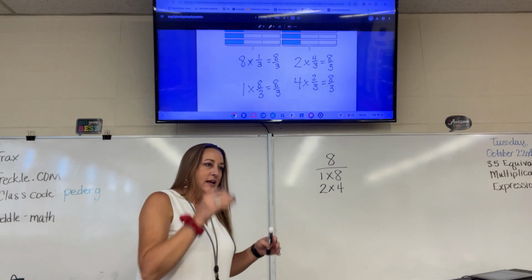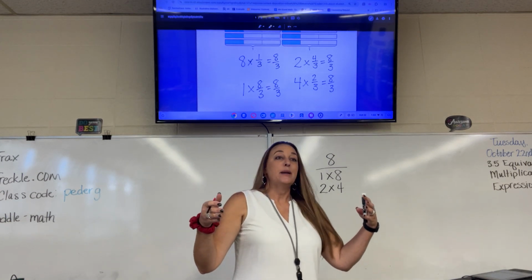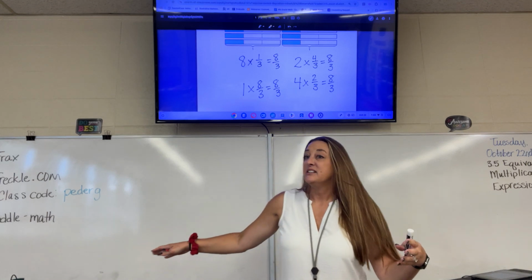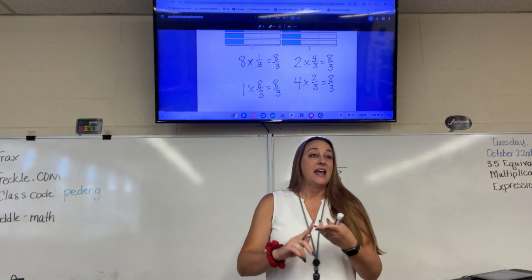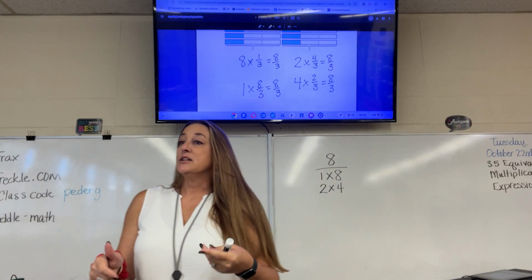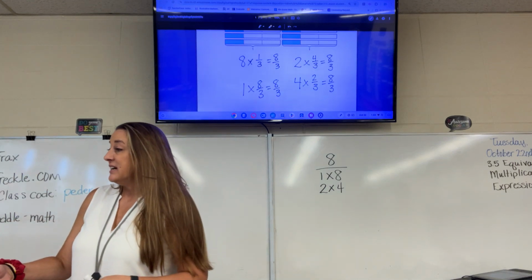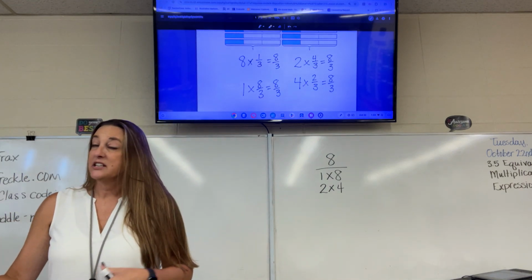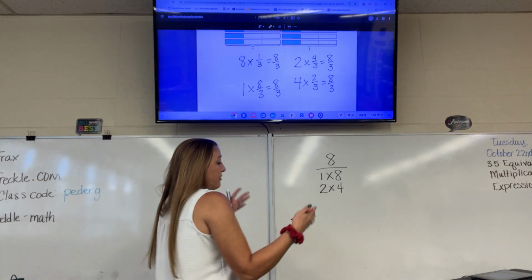Once you figure out your denominator is thirds, that denominator stays the same on every expression and every value. Because Emma, does that make sense? Once you figure out it's thirds, it stays thirds in the expression, the fraction part of the expression, and the value, because they're all third-sized pieces.